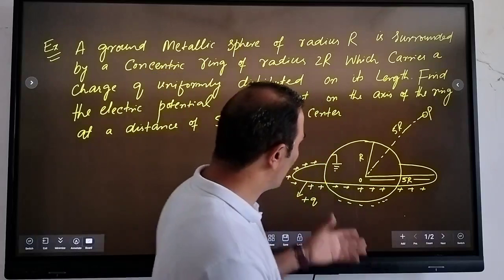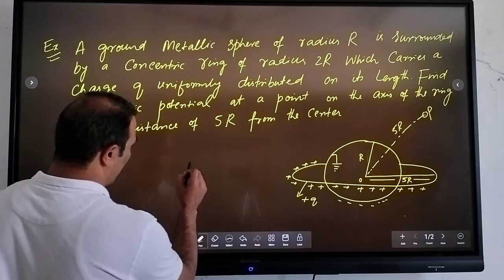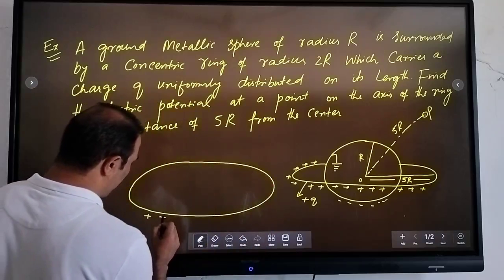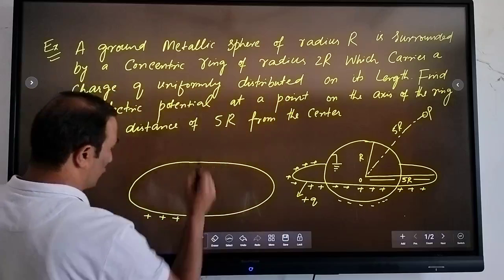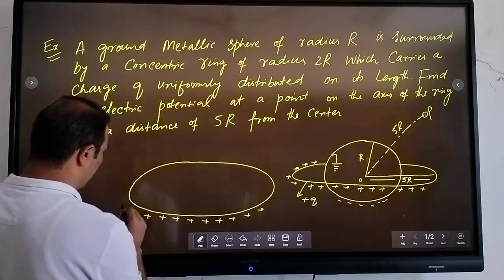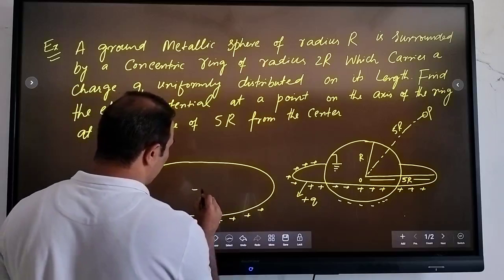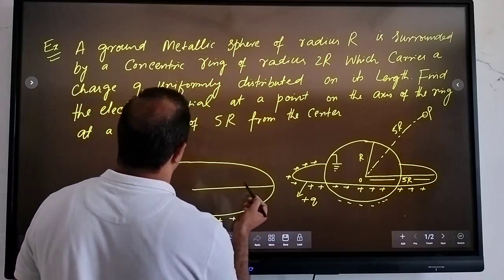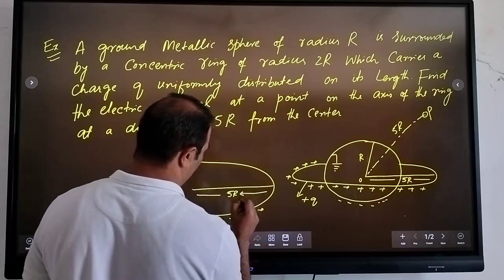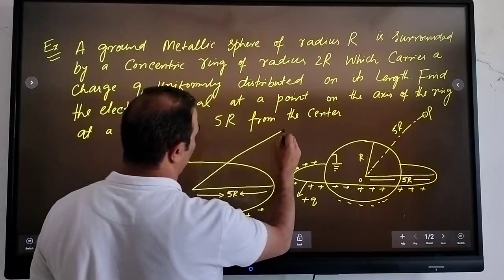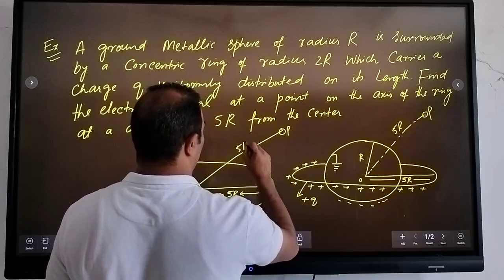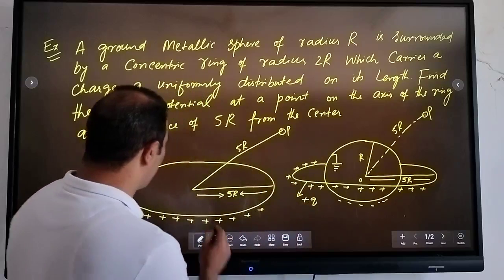तो हम इसको क्या करेंगे? So instead of that, we'll assume that this is our ring, okay, और जिस पे पॉजिटिव चार्ज है, because this is as per our question, because charge q is uniformly distributed over the surface of this ring along its length, okay, and the radius of this concentric ring is 5r. तो हमें क्या करना है, हमें calculate करना है this electric potential at point P, which is located at a distance of 5r.